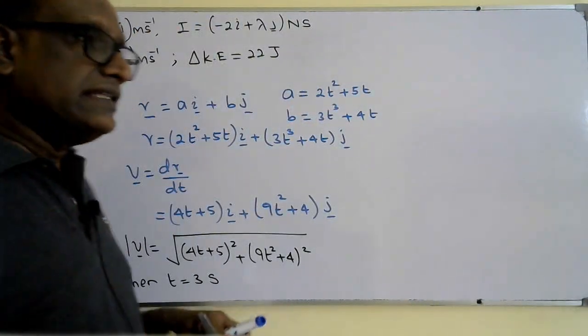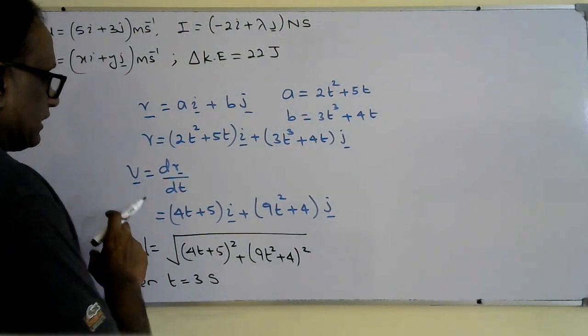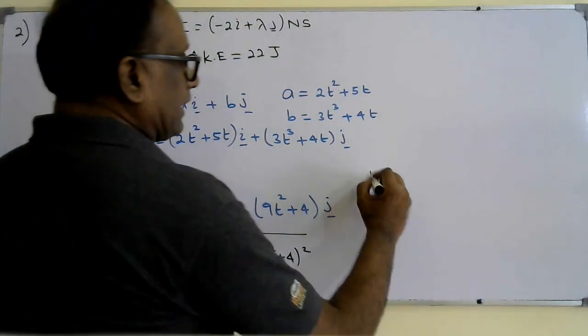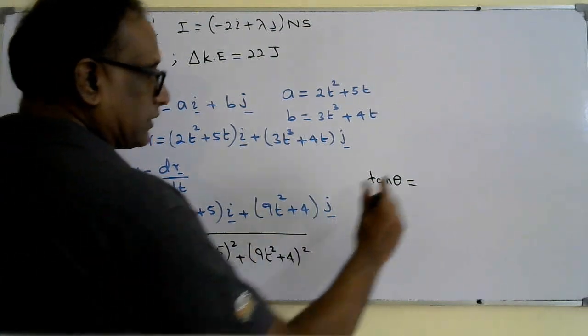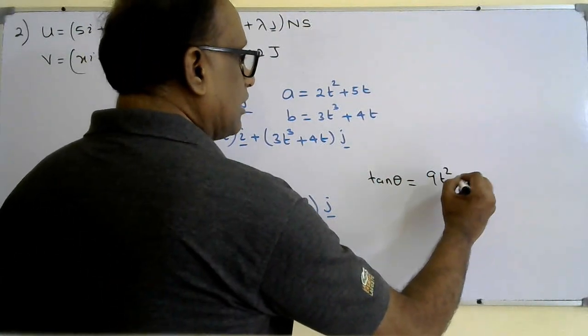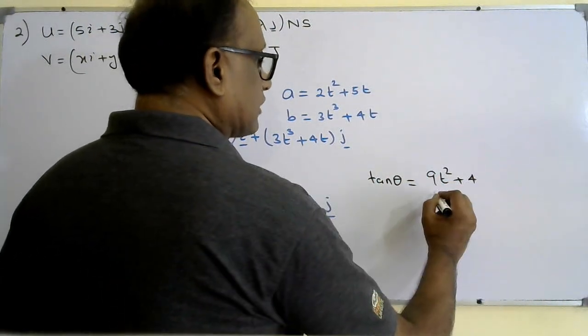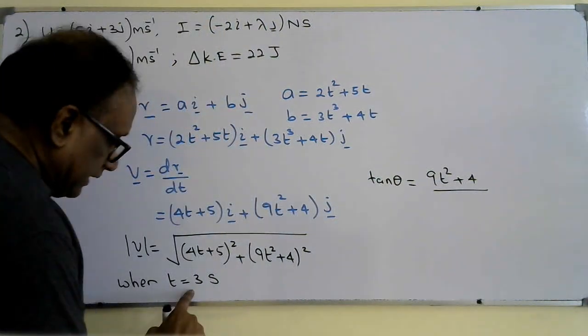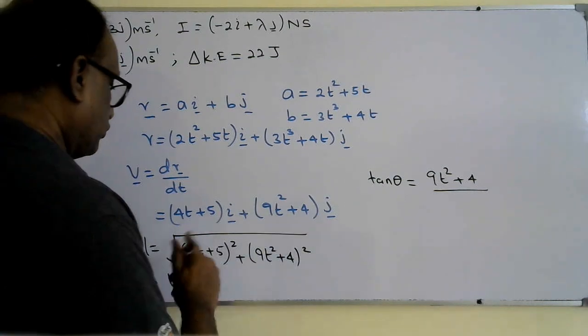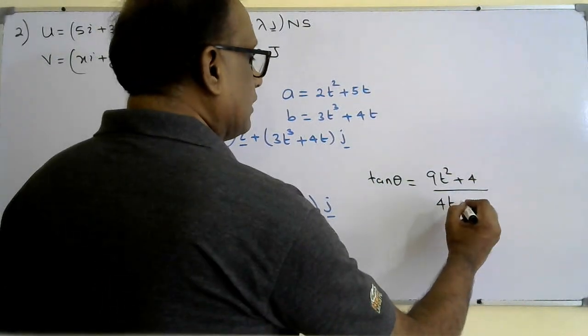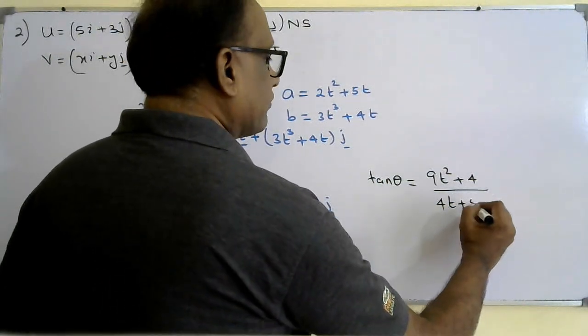If they want to find the direction of the velocity, tan theta is equal to the j component over the i component. The direction of the velocity at time t equal 3 seconds means tan theta equal (9t squared plus 4) over (4t plus 5).